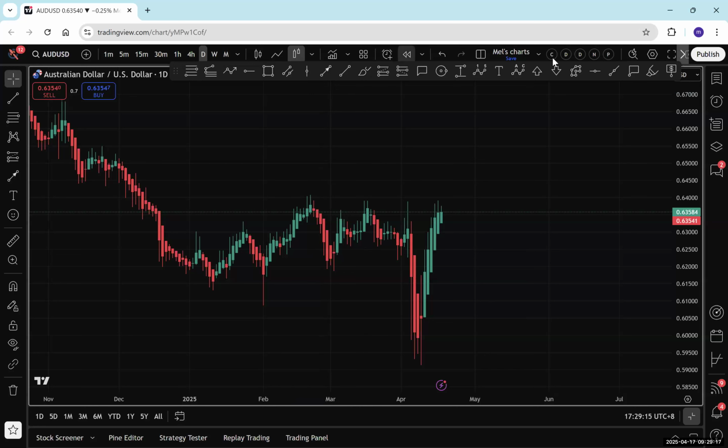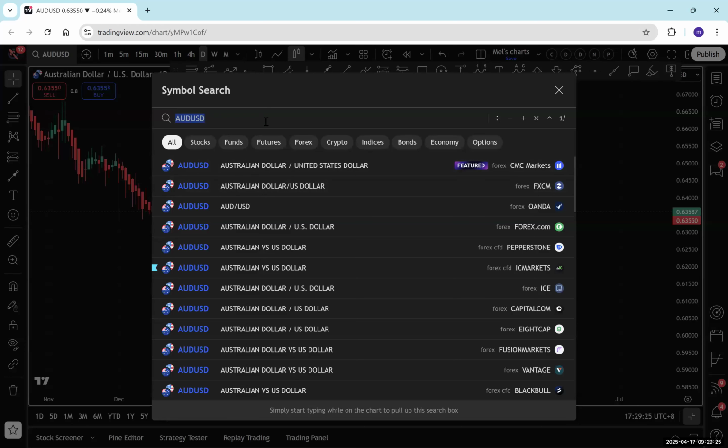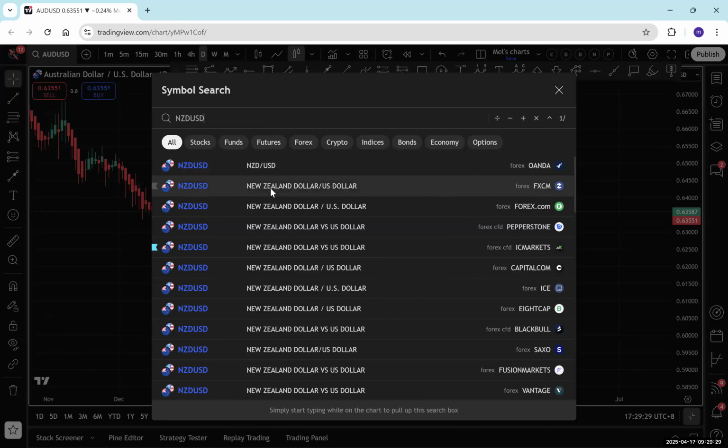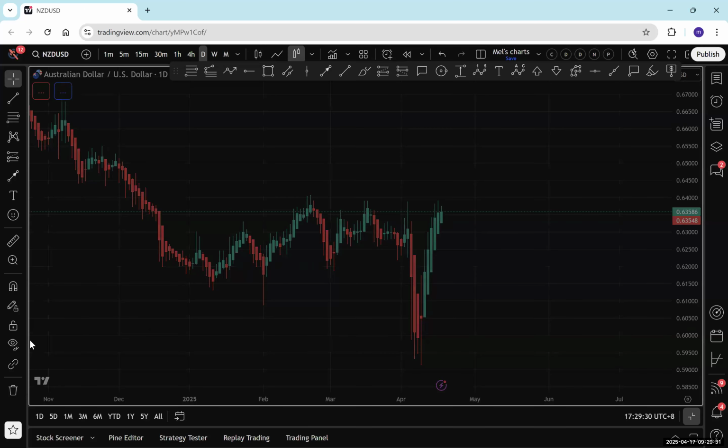Okay, there's a request for Kiwi dollar. So let's go ahead and look at Kiwi dollar instead. So Aussie dollar and Kiwi dollar are quite closely related. So I don't mind just looking at Kiwi dollar instead if there's a request for it.